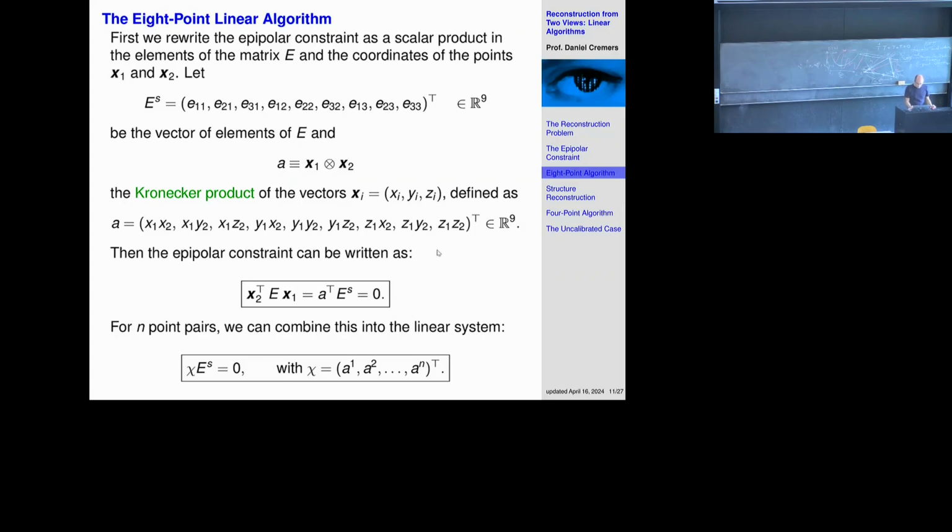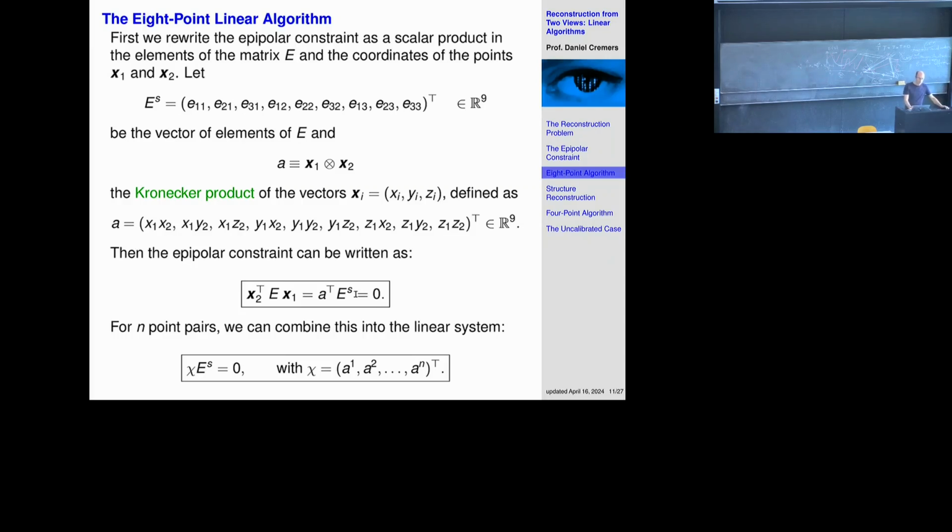This is what it looks like. It basically contains all pair combinations of the components of x1 and x2. So x1 x2, x1 y2, x1 z2, and then y, etc., etc. So these are all paired combinations of elements of x1 and x2 in a 9D vector, and you can show that this bilinear form can be written as A transpose E stack.